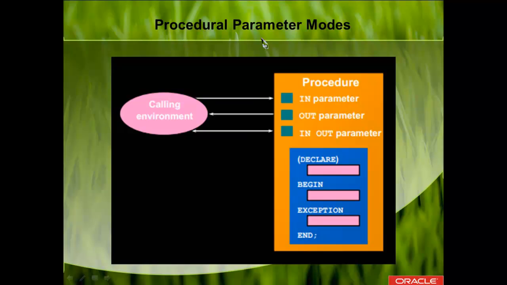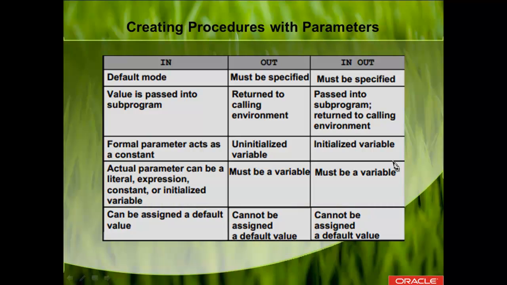These are procedural parameter modes. The IN parameter goes from the calling environment into the procedure, the OUT parameter is given back out, and the IN OUT parameter does both. Creating a procedure with parameters IN, OUT, and IN OUT. If you use IN, this is the default mode.